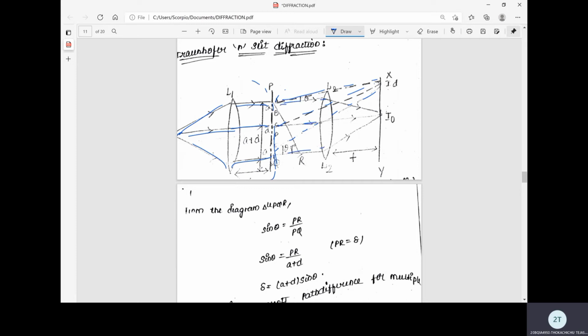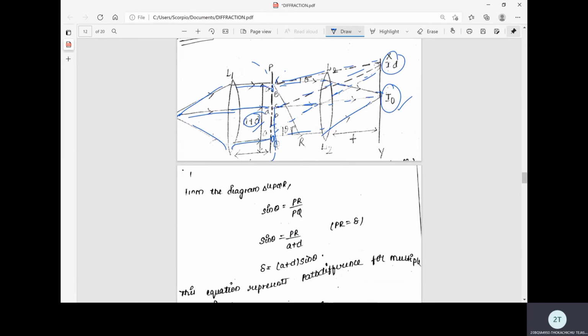On hitting the lens L2 it converges as I0, which is the original image, and the diffracted light after hitting these edges gives ID, the diffracted image, similar to the previous cases. Even though n slits are present, the distance between the first and the last slit does not change, which equals AD, similar to the previous case.